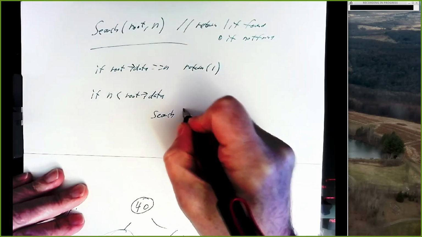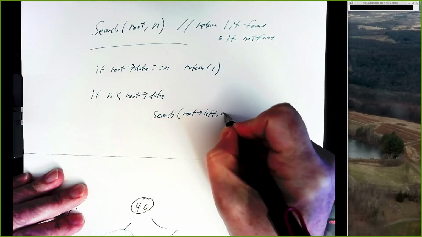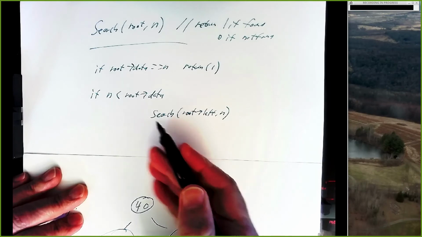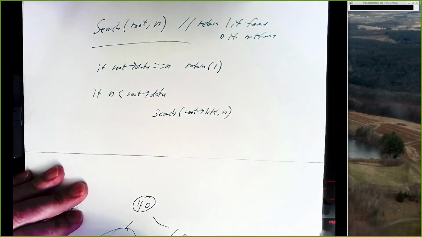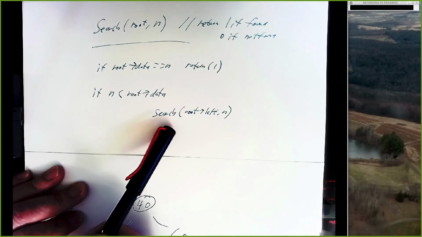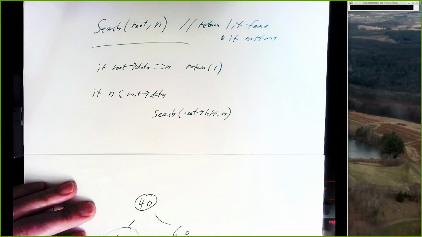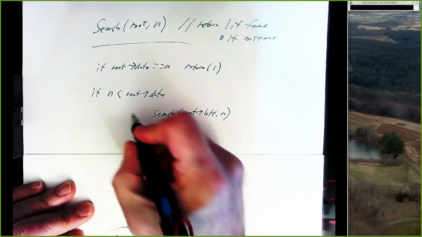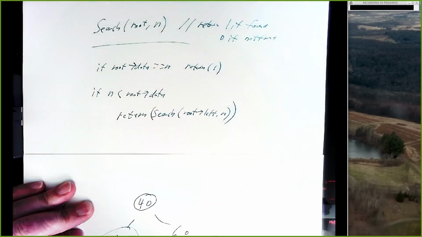Let's use our search function. And if this returns a 1, the data is in our tree. And so we should return a 1. And if this returns a 0, the data is not in this left subtree. It's not in the original tree. We should return a 0. So we want to return whatever this returns. So we can just say return this.